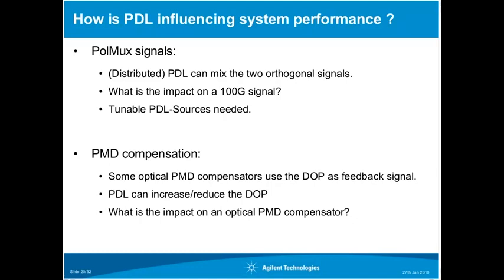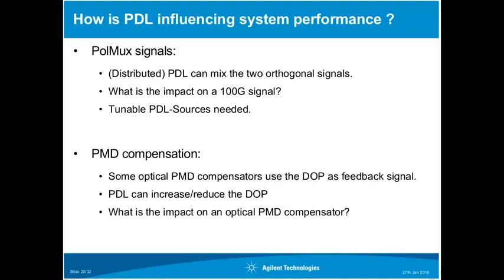So I think we are going to see the need for tunable PDL sources, which allow you to deterministically move your PDL level between maybe 0 and 4 or 5 dB, so you can actually stress your receivers using PDL. That is one concern people have: PDL might be a problem with the new modulation schemes.